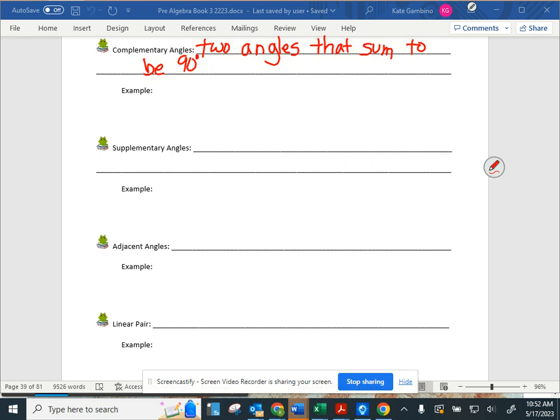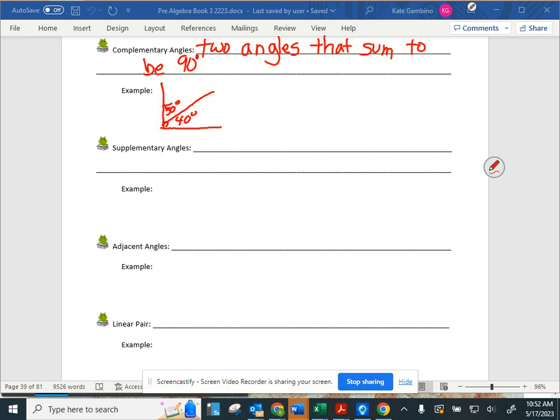So we have two angles that equal 90 degrees if we add them together. We can see those in a variety of ways. We could have that right angle that has two angles in it. Let's say this is 50 degrees and this is 40 degrees. They would be two complementary angles because if I add 40 plus 50, that is 90 degrees.